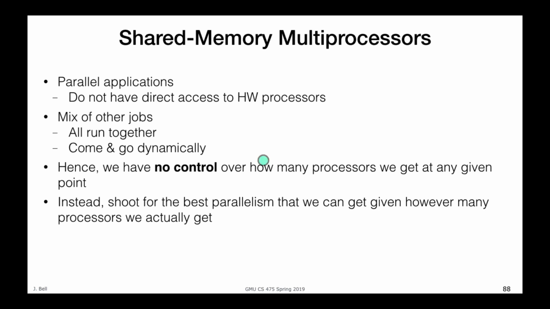Your application will not have direct access to those hardware processors. So this is mostly just a footnote, because we have been talking so much in this lecture about ideal parallelism in this infinite case. We just need to understand that the parallelism we'll get will vary with how many processors you actually get when your program actually runs.